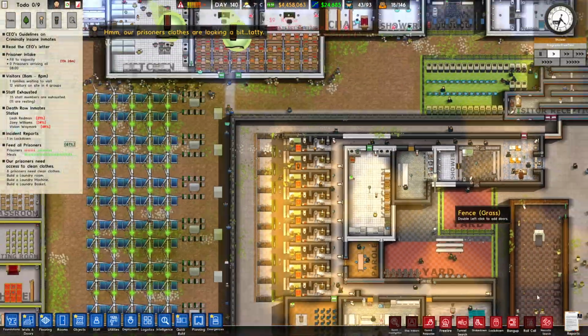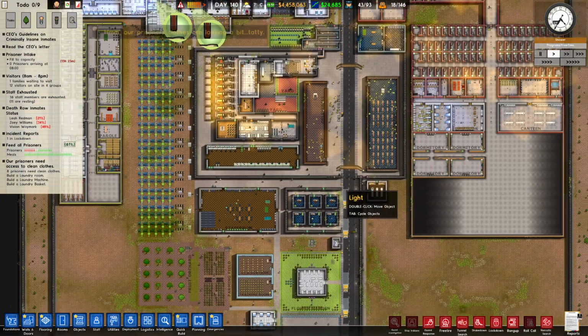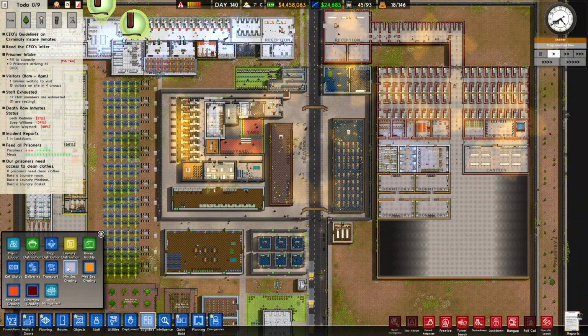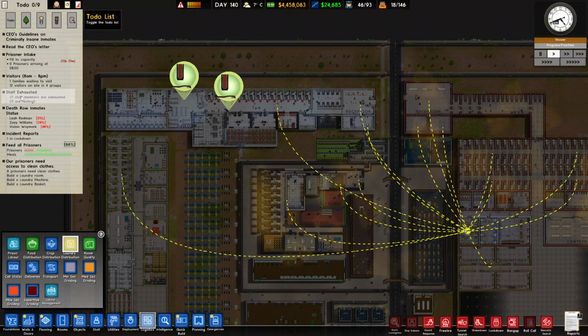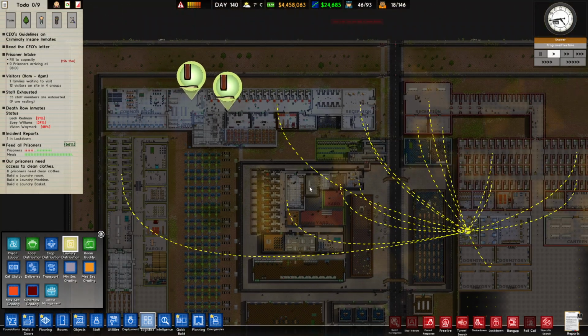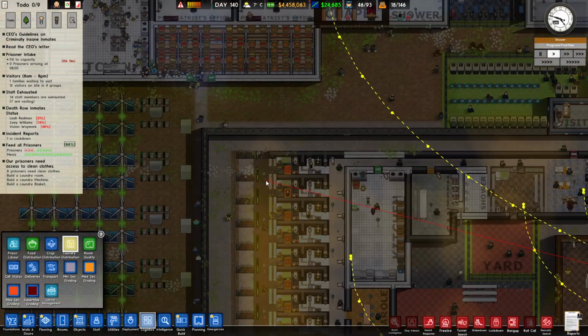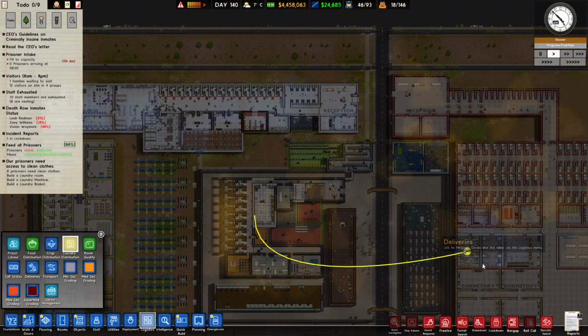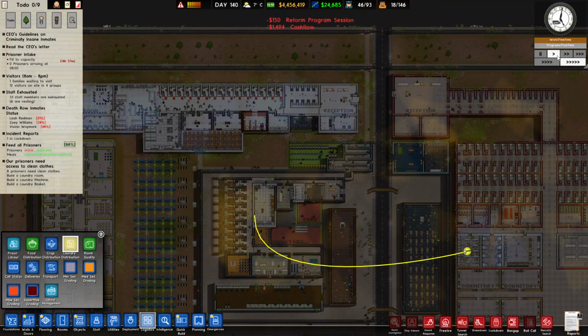I'm going to check my laundry distribution's working because I'm not seeing any uniforms coming over here. Well, hang on a second. Have I got the same problem I had with food, that I need to do all the cells one by one? No. Let's do that for a second, just so we can get some uniforms over there.